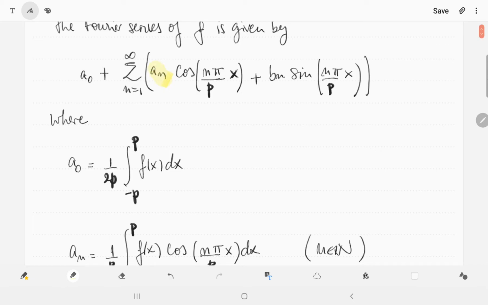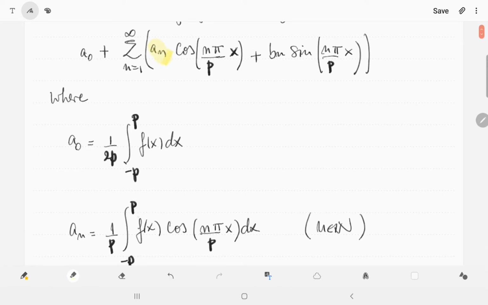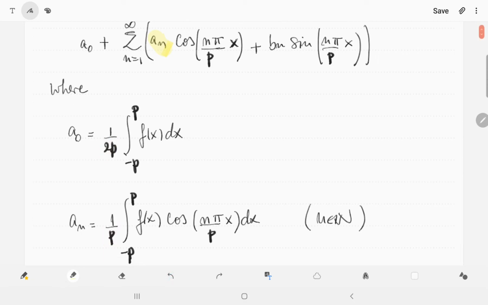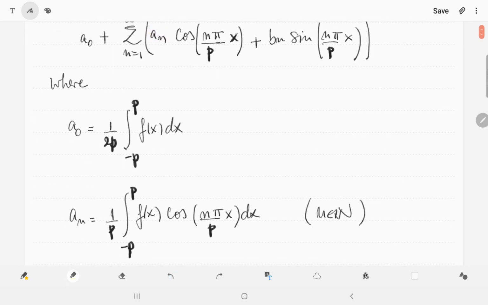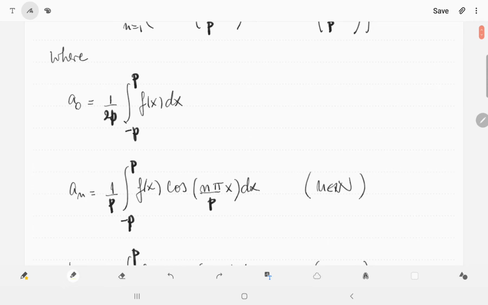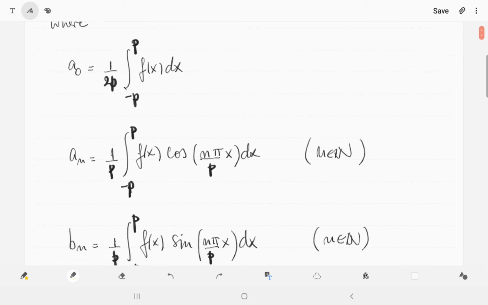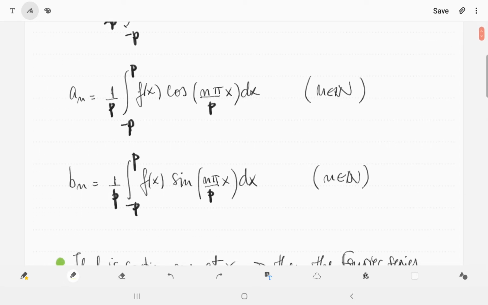An is exactly f times cosine of n pi over p x, which is there. Okay, and then you have to remember the factor in the front changes a little bit, but it's mainly in this way how we compute these Fourier coefficients. Okay, and the last one, the f with sine for each n.